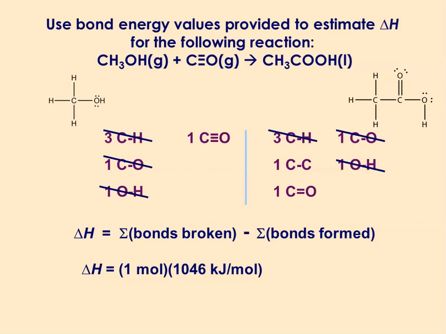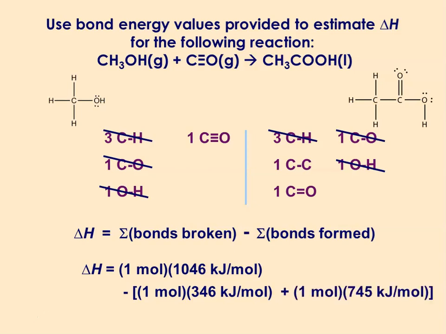And then you only had one C triple bonded O there. And then on the product side, we would take away the enthalpy that would need to be released to form the C single bonded C, 346 kilojoules per mole, and the C double bonded O, 745 kilojoules per mole.